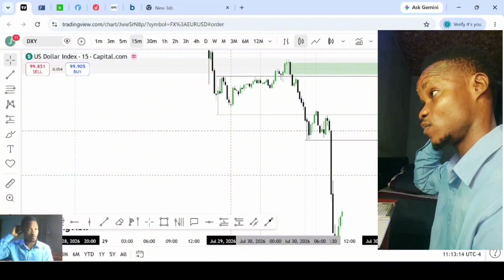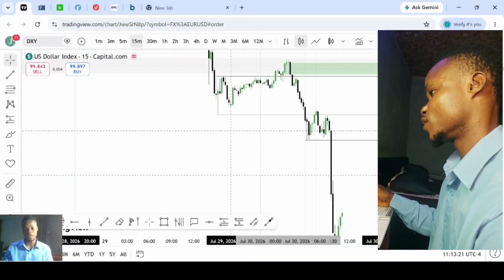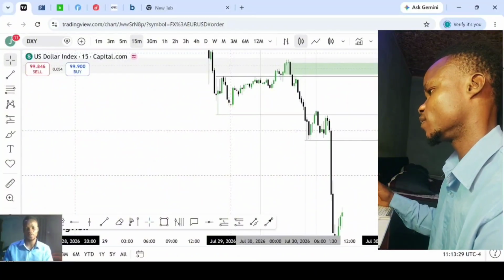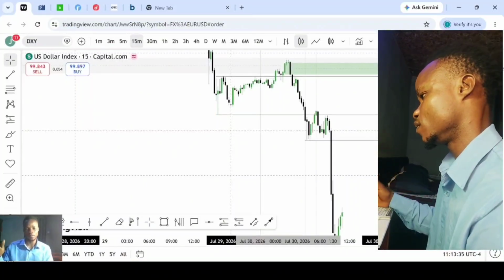Let's say you have this kind of setup in a month, maybe 15 setups, and out of the 15 setups, five of them go like this. Five of the 15 may be losing trades.